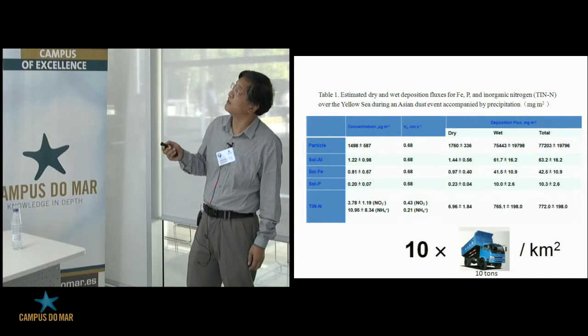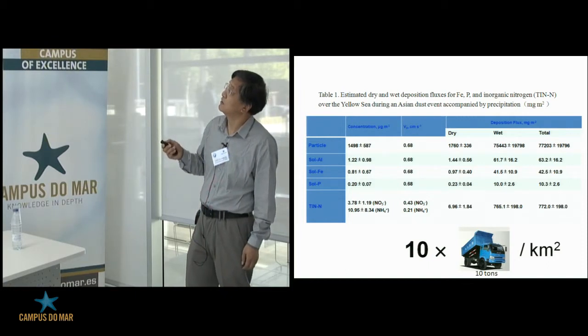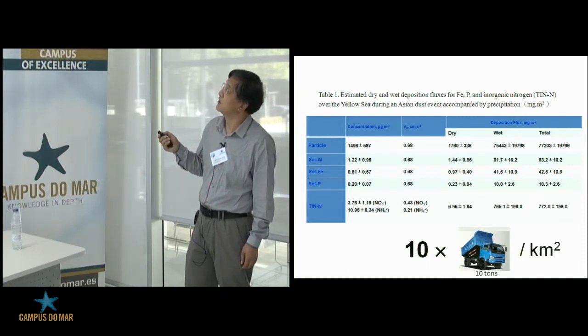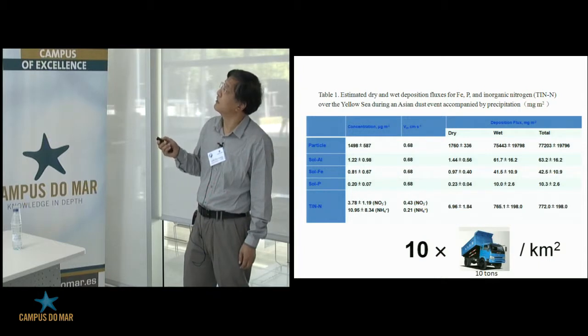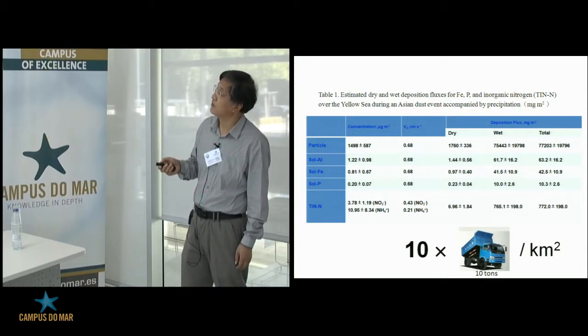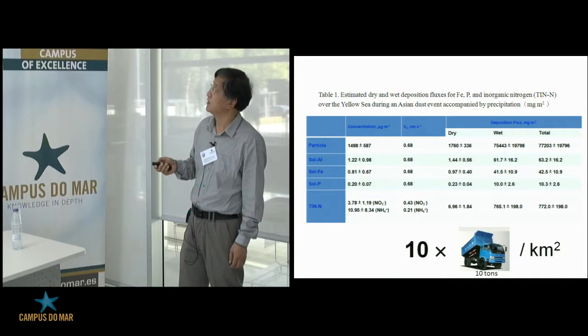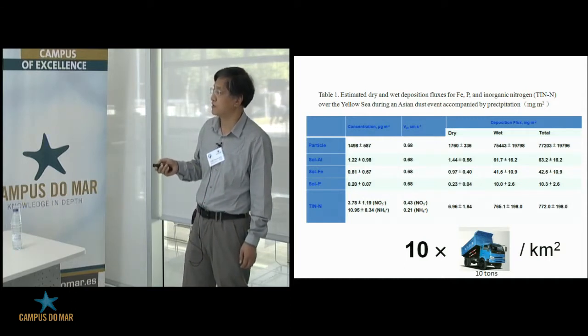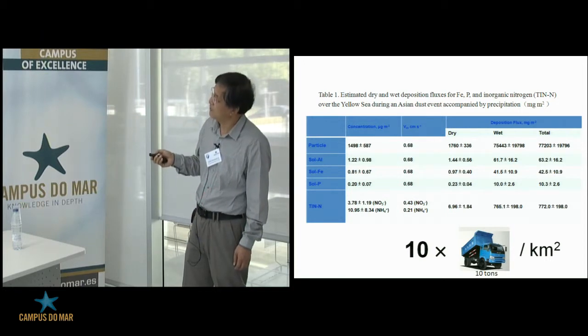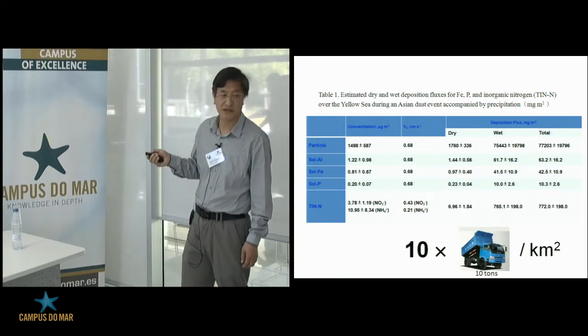And we also estimated the total nitrogen and the dust. We have an estimate of dust fluxes of about tens of tons per square kilometer.